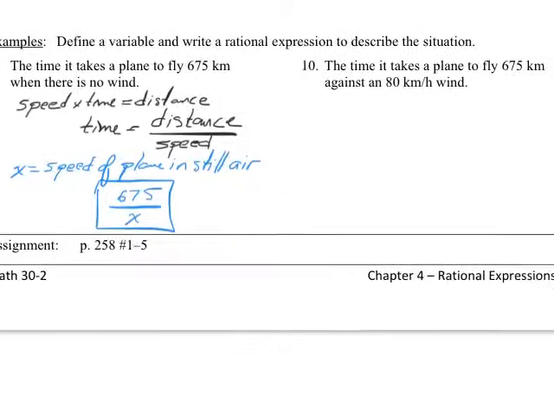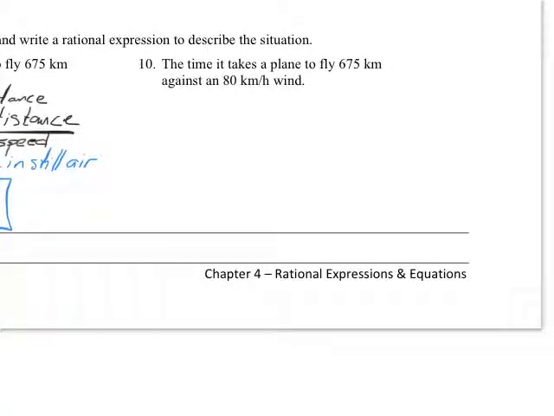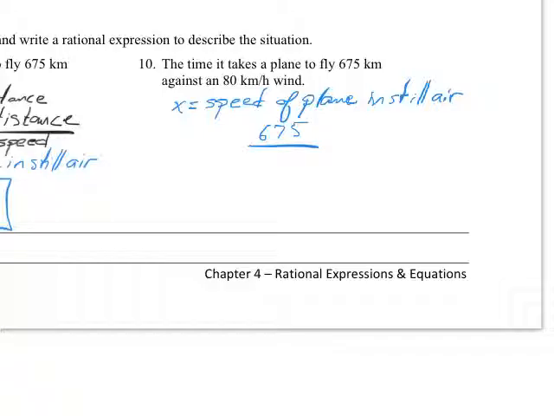Question number 10 will be similar. Again, we'll want to begin by defining what our variable will represent. So let's say x will represent the speed of the plane in still air. And my expression will be distance 675 over the speed.